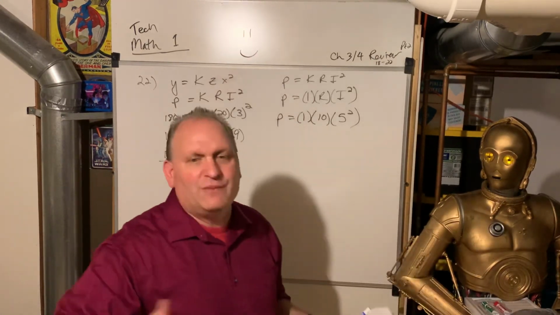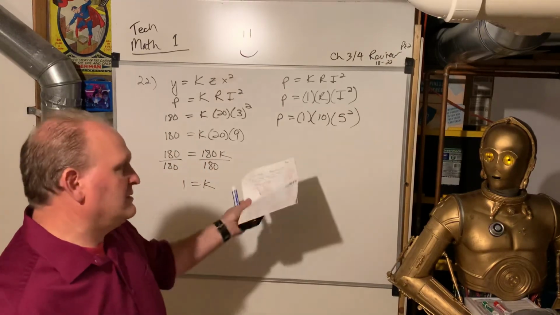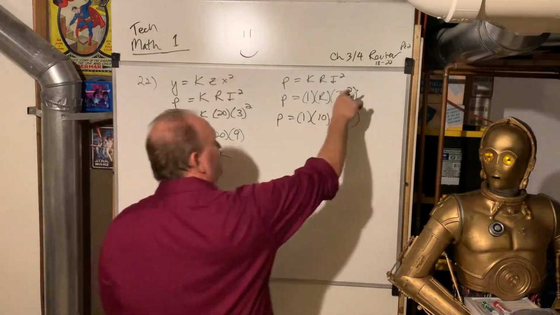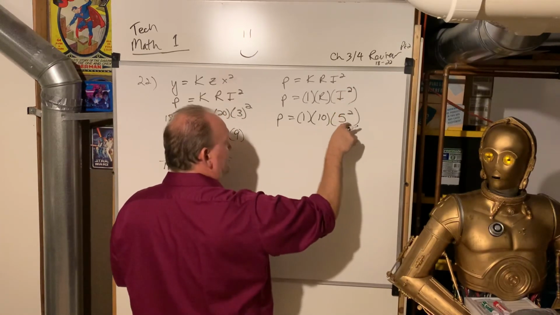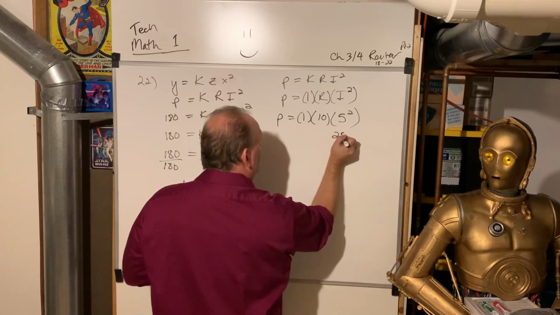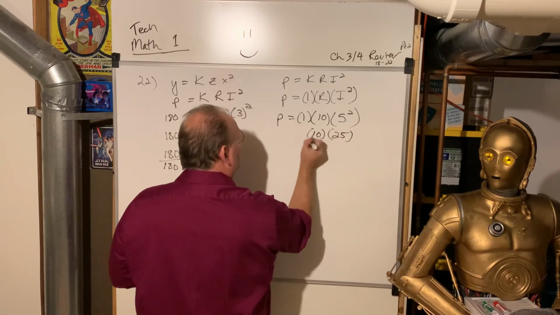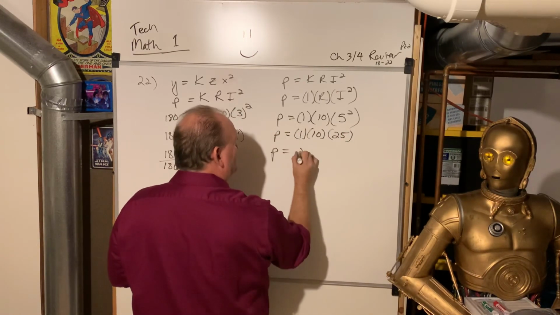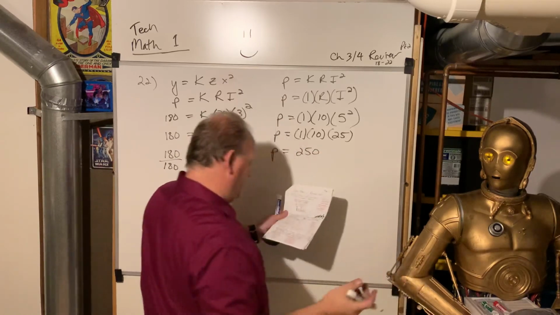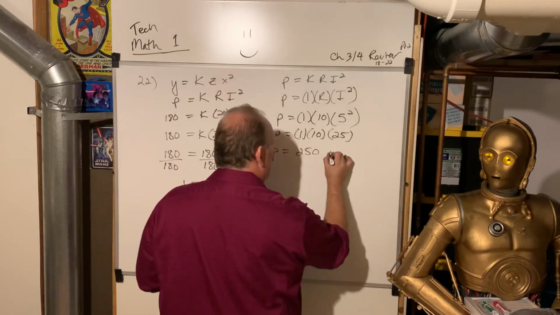Most people got it right, but the people that got it wrong, that was the mistake they made. They had it in here, but they forgot about the squared. So don't forget about it there. So 5 squared is 25 times 10 times 1, I guess. And then that's 250. So power is 250, and that's in watts.